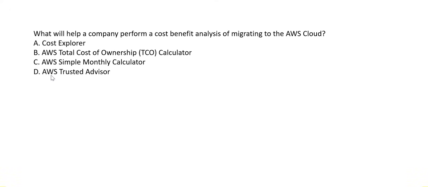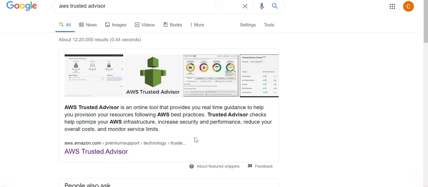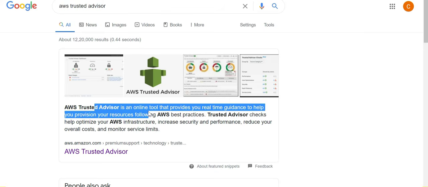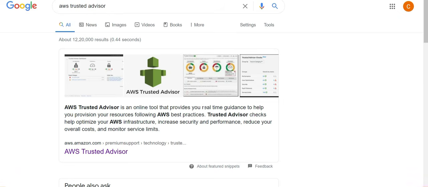Let's scan through the last option, AWS Trusted Advisor. Now, if you see this documentation, AWS Trusted Advisor is an online tool. It provides real-time guidance. Okay, this is key, real-time guidance to help you provision your resources.